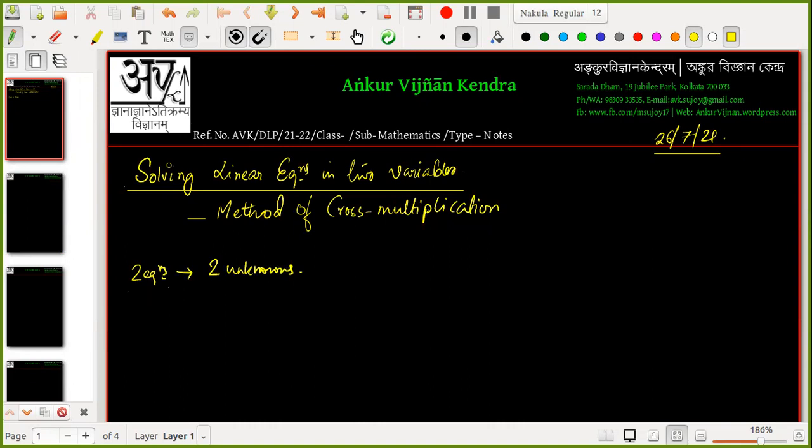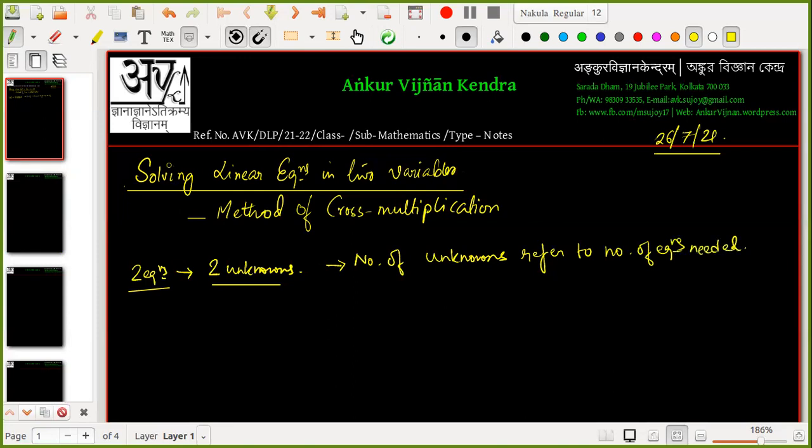So that means what we find, the number of unknowns is referred to the number of equations needed. This is the first point that we always discuss when we are talking about solving linear equations.